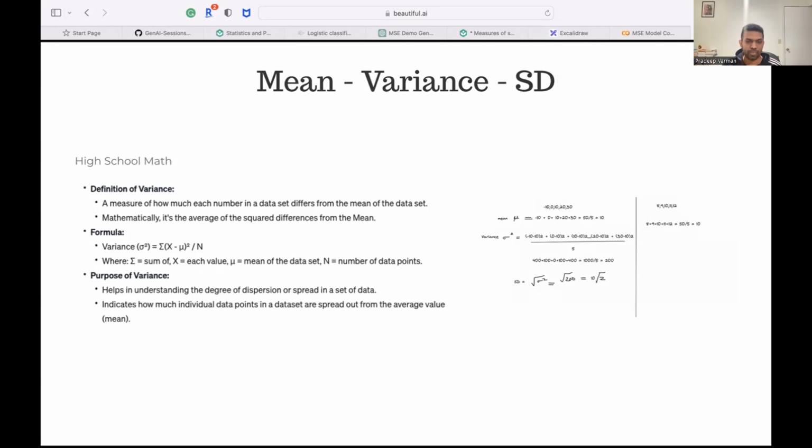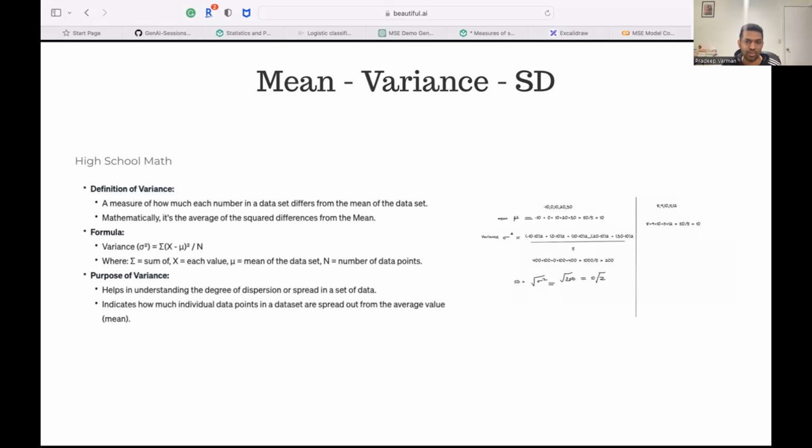That's how I understood it: how to understand the data set that was presented to us, between two different points, how dispersed it is. That's the basic reason why we go for variance. So we will start with the mean, and how the mean is important to derive the variance.